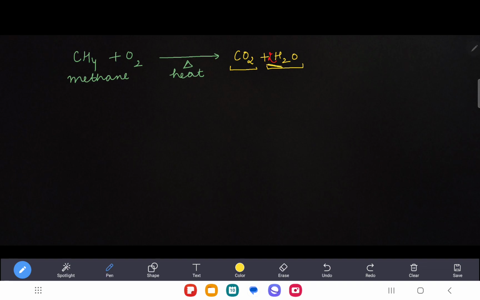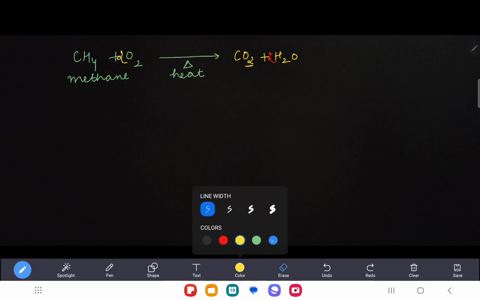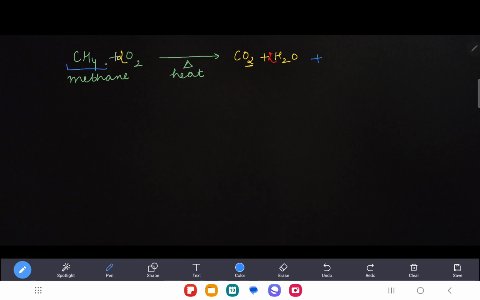So hydrogens are 2 times 2, 4, and 2 times 1 shall be 2. 2 plus 2, 4. So I have O2 here, so don't you think I should put 2 O2 here? So it shall become CH4 plus 2 O2. Understood or not? And this is going to be my balanced complete combustion.